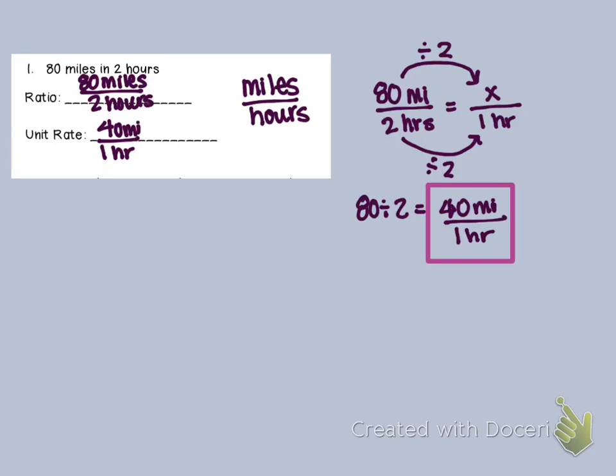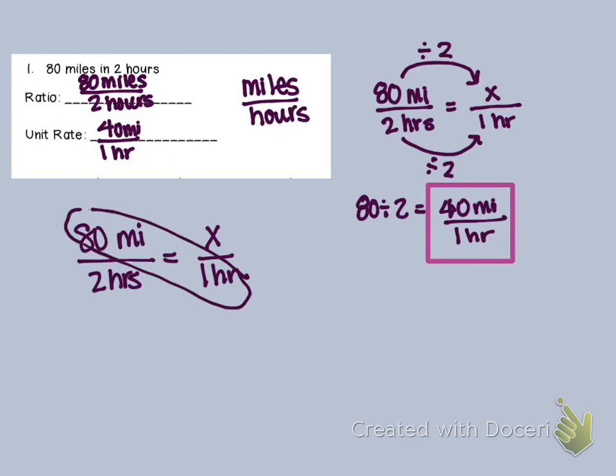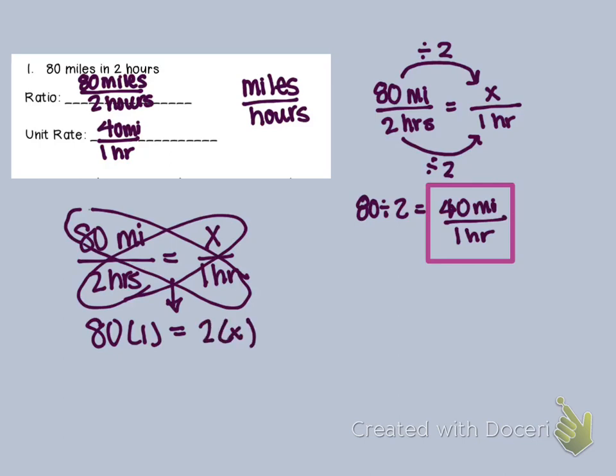Another way to do that, if we set it up the same exact way, 80 miles per 2 hours equals X per 1 hour, we can cross multiply. So I can have this, and these are our diagonals, so it would be 80 times 1, and then bring down your equal sign, and then 2 times X. 80 times 1 is 80, and then 2 times X is 2X, and then divide by 2, and X equals 80 divided by 2, which is 40.